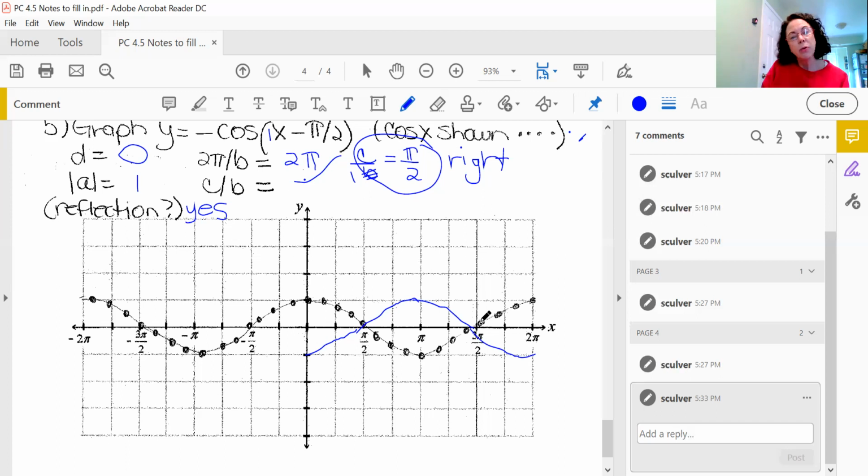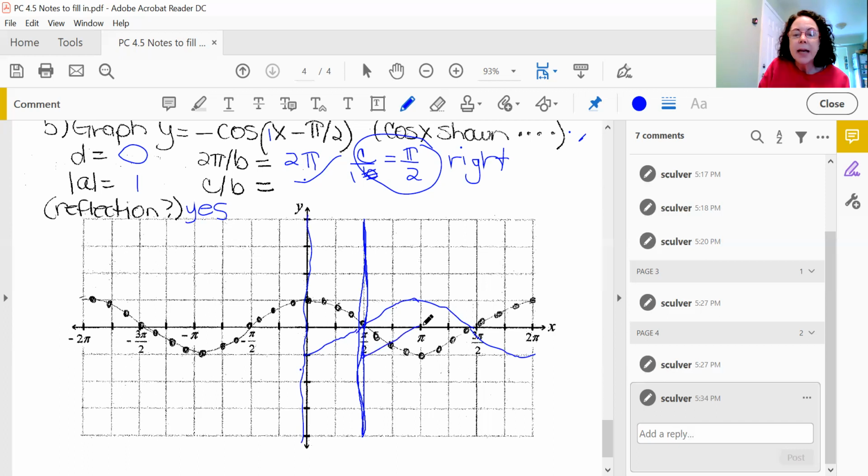Okay, now how do I move this graph pi over 2 to the right? So what I do is, my starting point was the y-axis here, right? So I'm going to go to the right pi over 2, and right here, make a new starting line, right? And so now I will start down at pi over 2, right? And it will be going through 0 at pi, right?